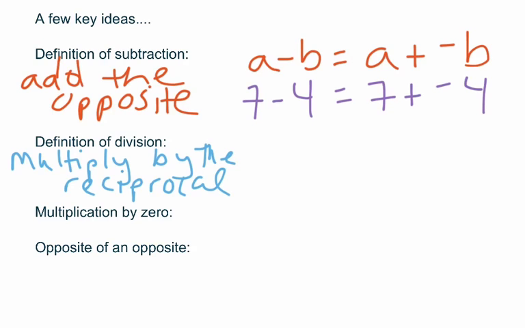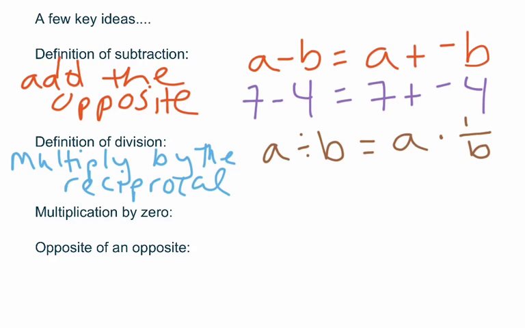The reciprocal is when you flip over the fraction, also called the multiplicative inverse. So for example, if you have A divided by B, that could be written as A times the reciprocal of B. And you would simply flip it over.